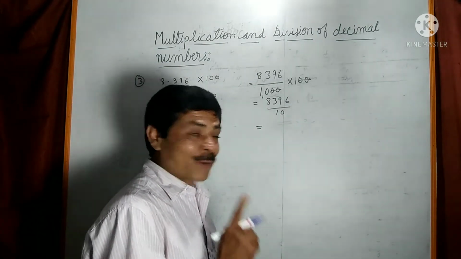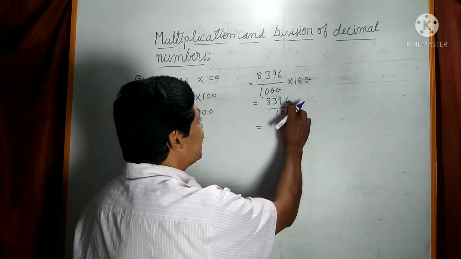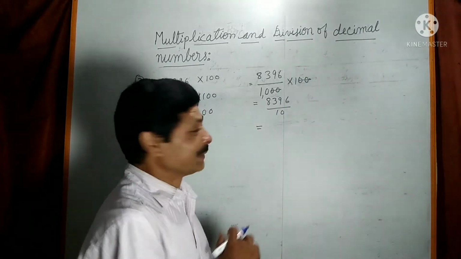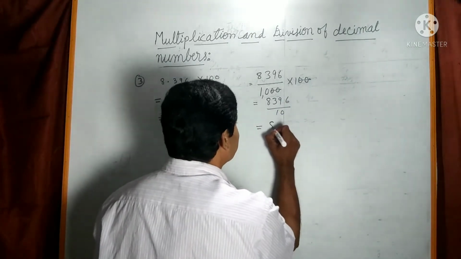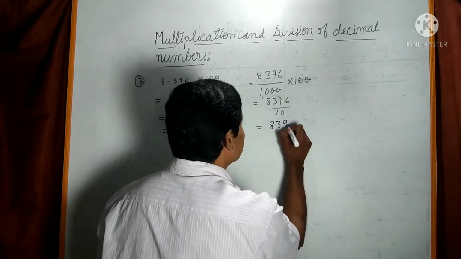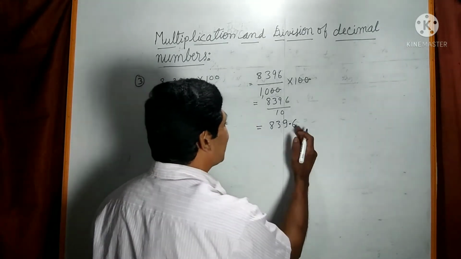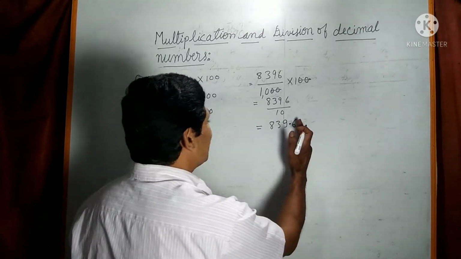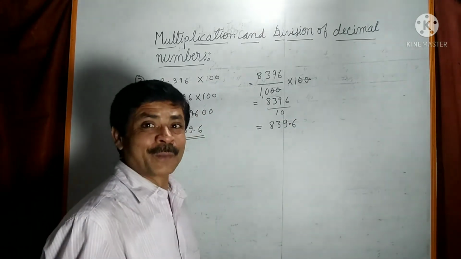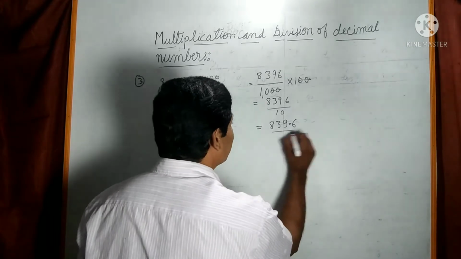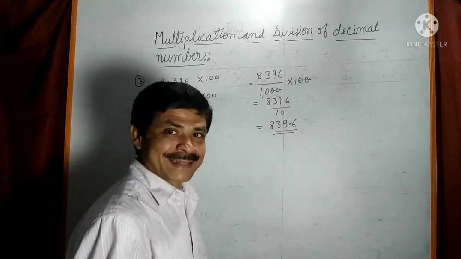10 means after 1 digit there is a point. So we put the decimal point after 1 digit from right towards left, and this is your answer.